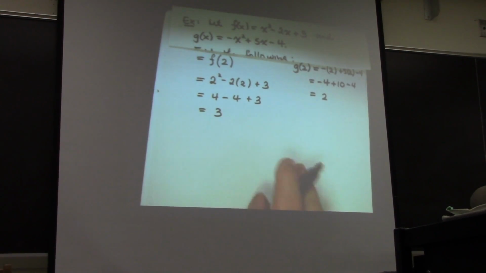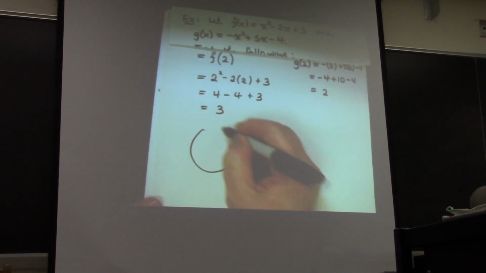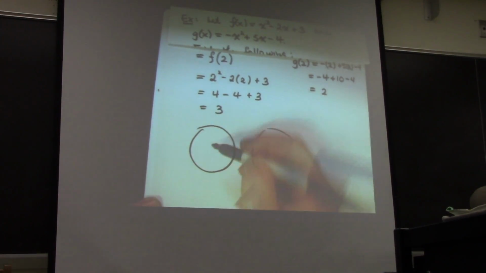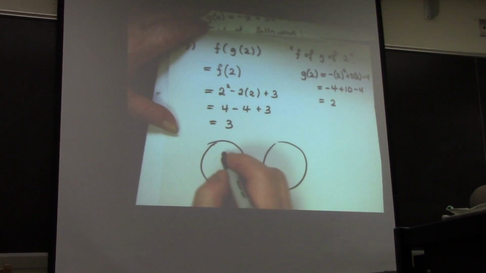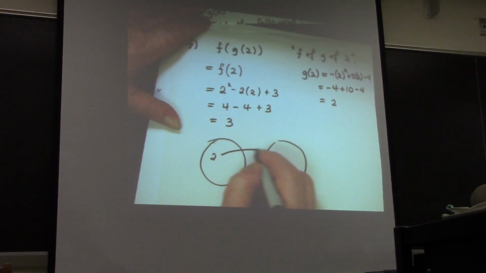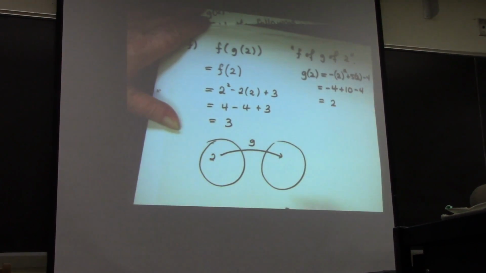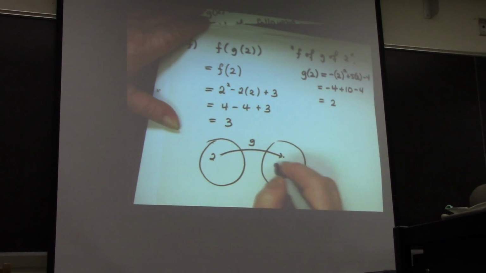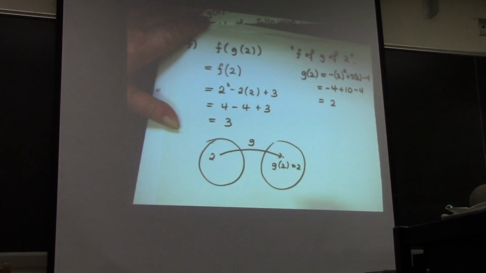Let me just draw what happened here. First, I took 2 and I plugged it into the function g. And I got g of 2, well, it happened to also be 2.